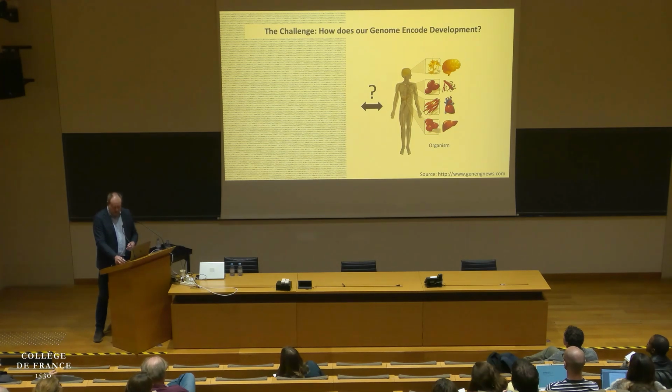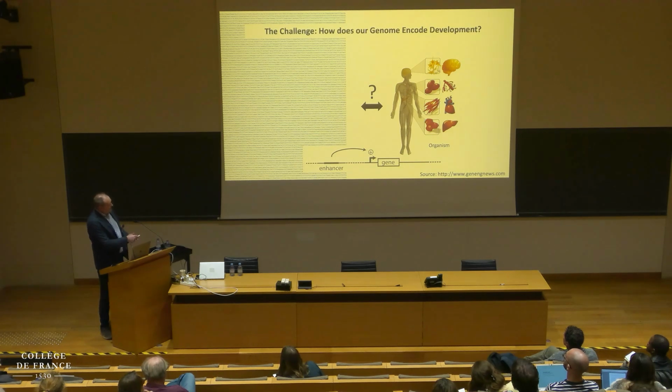And I will focus in particular on enhancer sequences that, as we learned today, are distal regulatory elements that essentially drive gene expression in these highly cell type specific patterns.